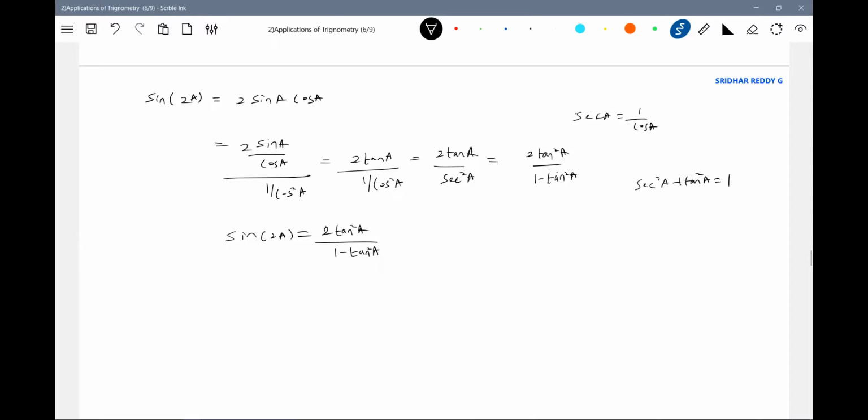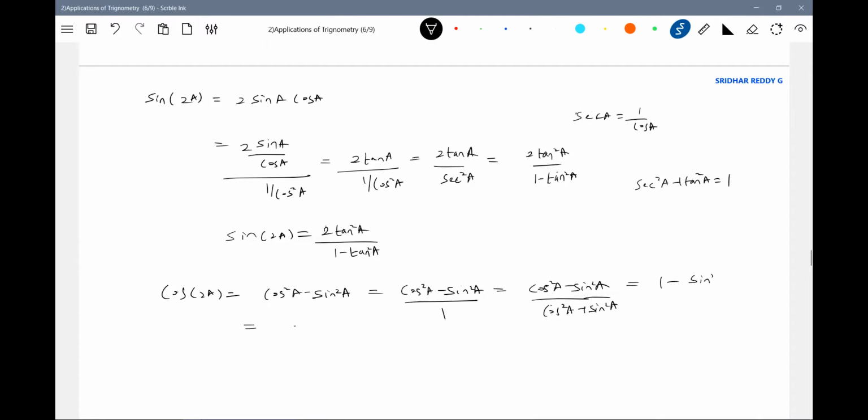Now similarly, can we bring cos 2A in terms of anything? We know cos 2A is cos square A minus sine square A. I'll write the 1 as cos square A plus sine square A. Let me take cos square A common.